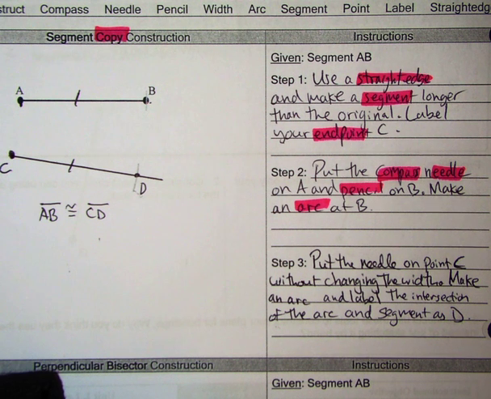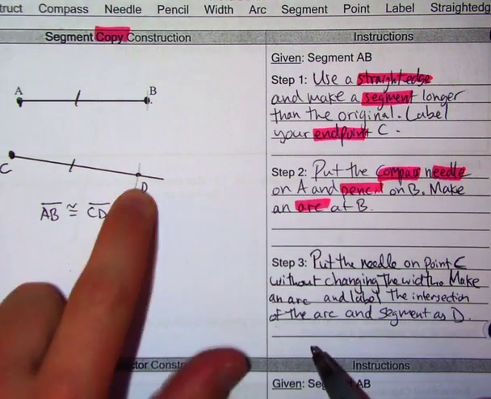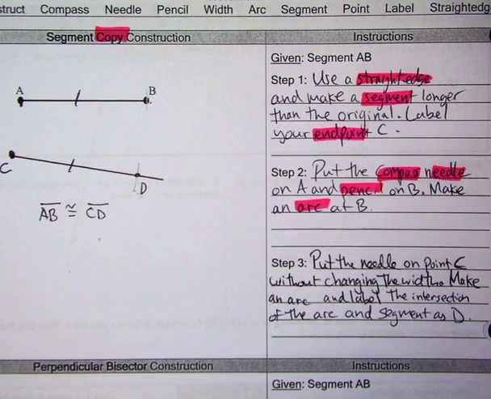And then I label the intersection of the arc and the segment as D.